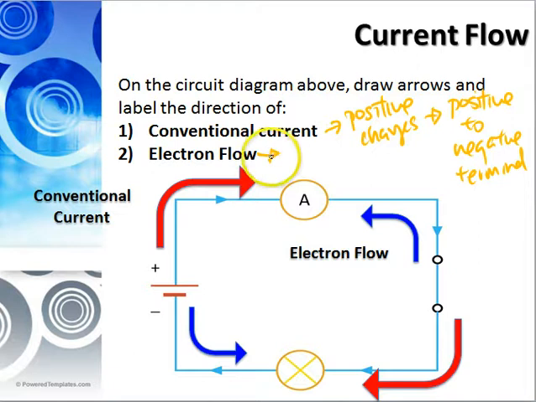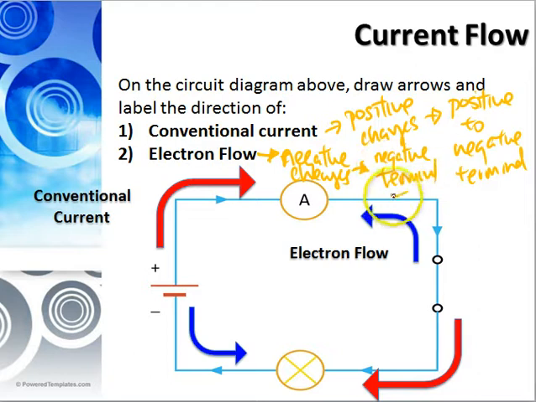We talk about electron flow, so we talk about negative charges. These negative charges flow from the negative terminal to the positive terminal. So take note, this is how your current flows.